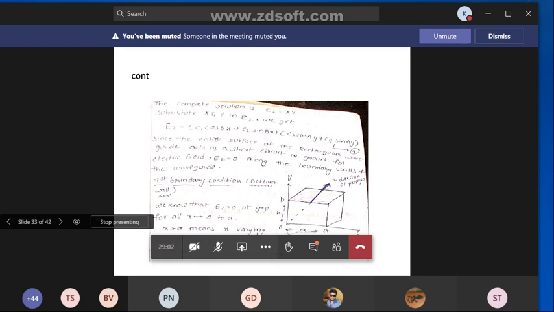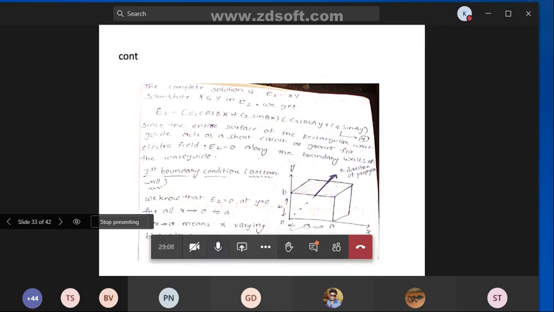So here we are taking Ez equal to 0. Why? Because the entire surface of the rectangular waveguide acts as a short circuit. That's why Ez becomes 0.